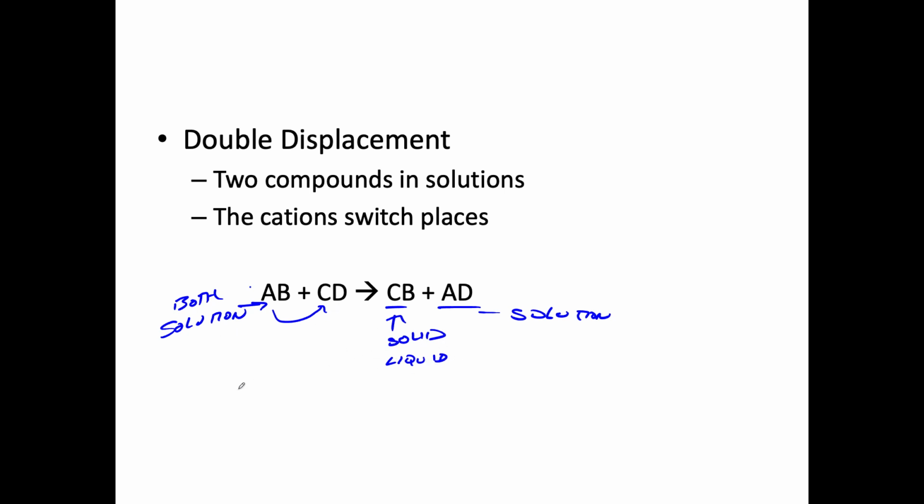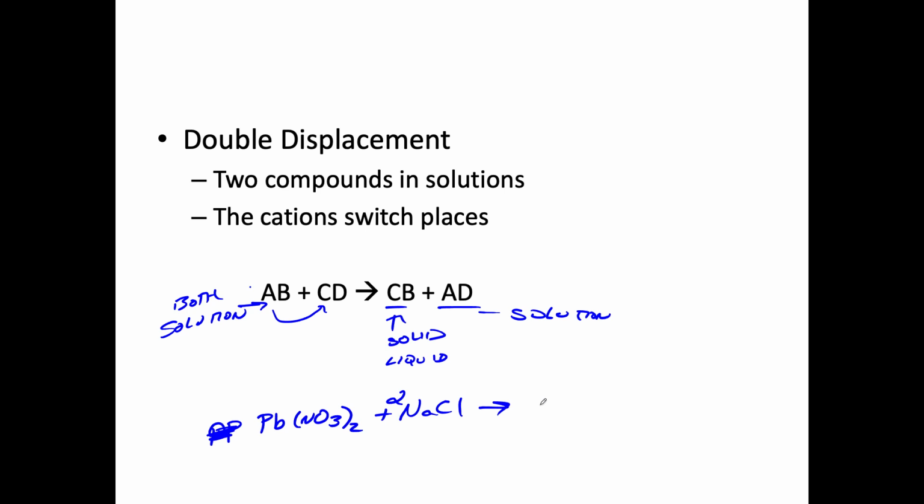A classic one that we always talk about, which is real neat to look at, is Pb(NO3)2. Remember, anything in parentheses is a unit. So NO3 is 1 unit, and we have 2 of them. So we've got 2 units of NO3 attached to lead, and we've got sodium chloride, and we're going to have 2 of these.